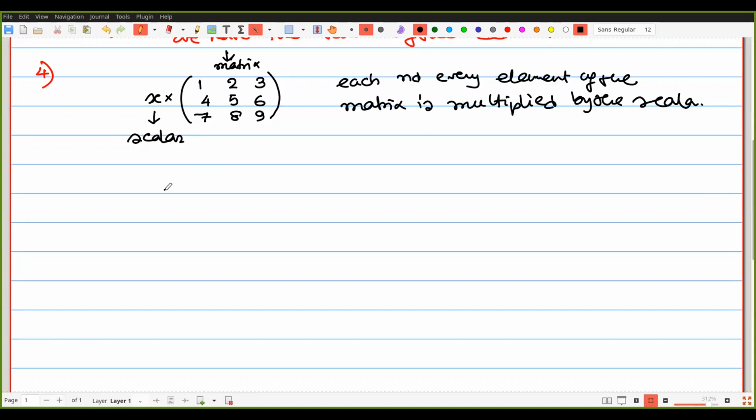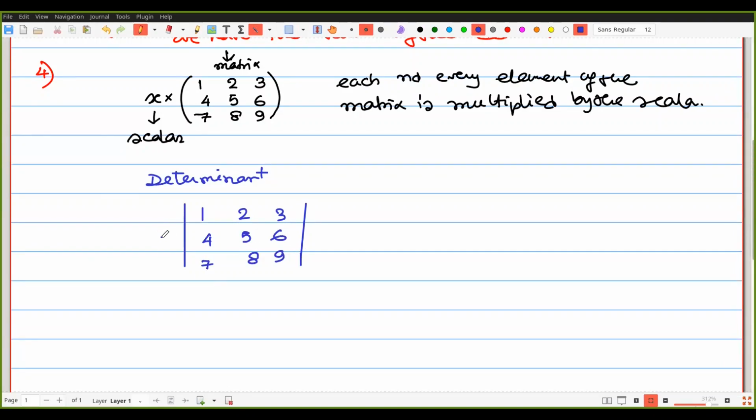Okay, that is the case of the matrix. Now in the case of the determinant, suppose we have a determinant. When we use the double bar or modulus notation, it means it is a determinant. So 1, 2, 3, 4, 5, 6, and 7, 8, 9.